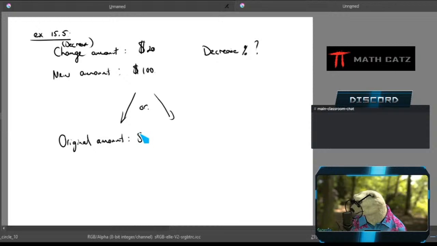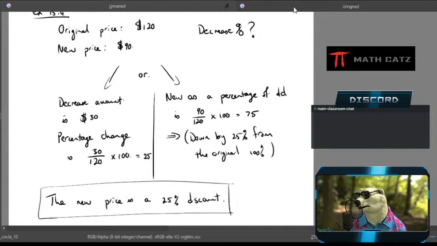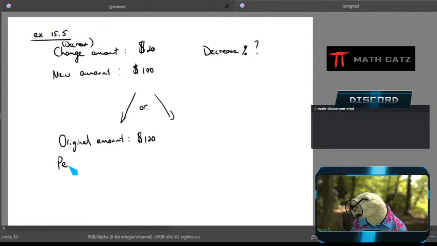And of course, it is 120 because I went down to 100. So just to keep it similar to this, the percentage change is then the change amount relative to the original, and I make that a percentage.